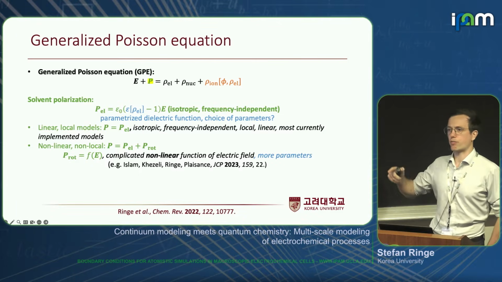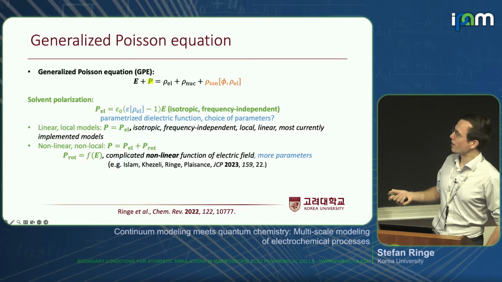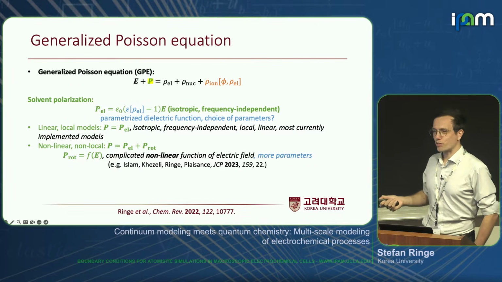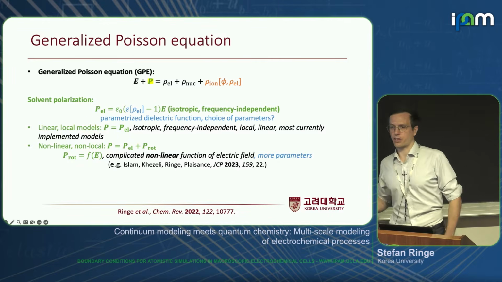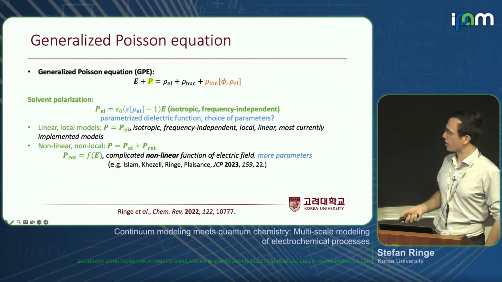Usually we use a step function as a function of the electronic density. So most models use these linear local models, which use isotropic, frequency-independent, local dielectric functions. But there are also other models, for example the one Craig implemented, which add rotational polarization to that. These are nonlinear functions of the electric field, so you can get nonlinearity in there.